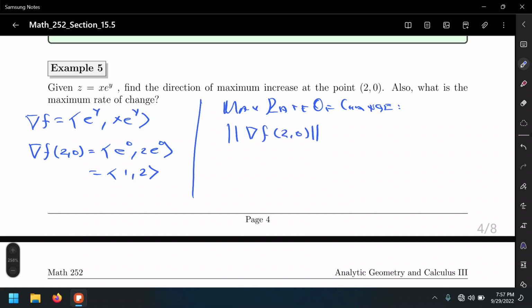And what did we get for that? Didn't we get the vector (1, 2)? So that's 1 squared plus 2 squared, that's 1 plus 4, and this is the square root of 5. So the highest slope from that point in the direction of the vector (1, 2) is going to be that steepness.